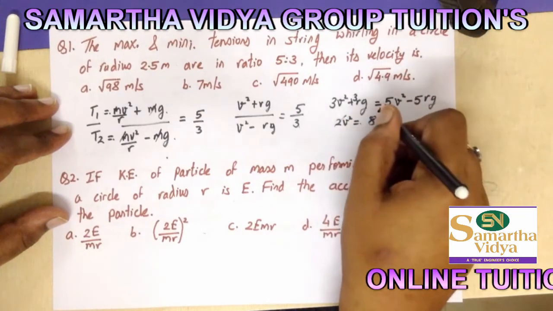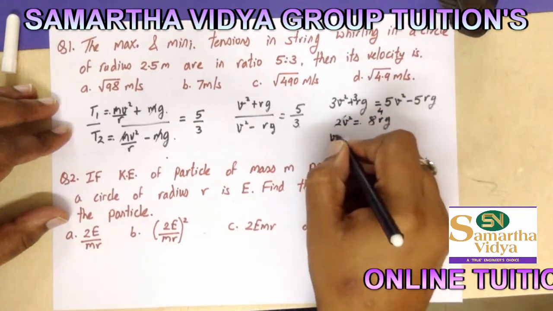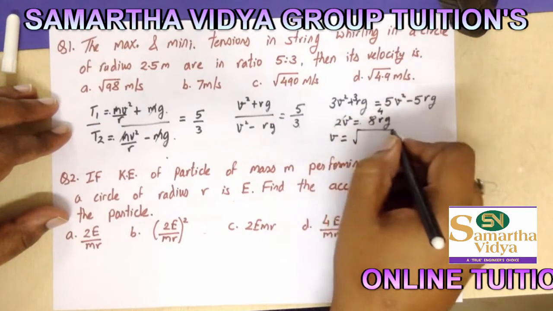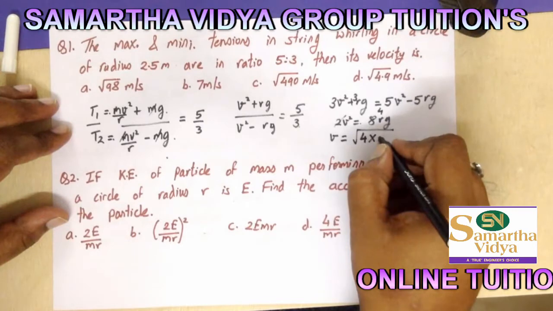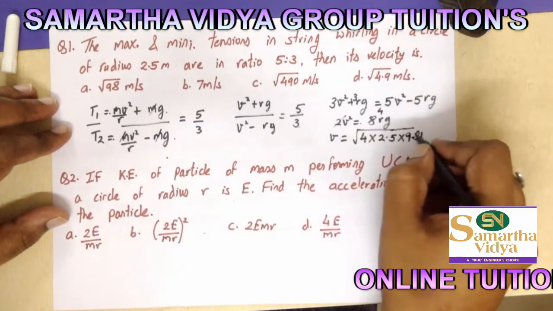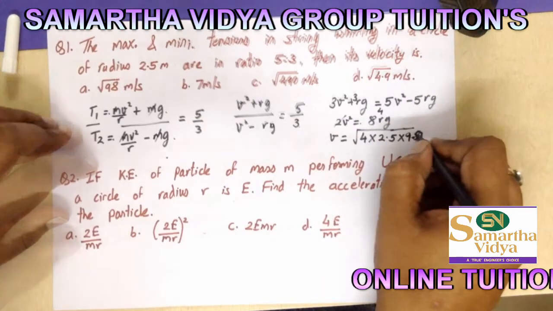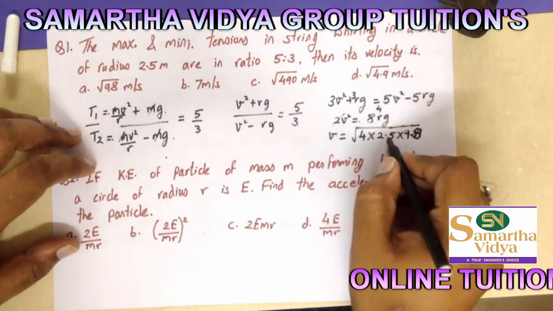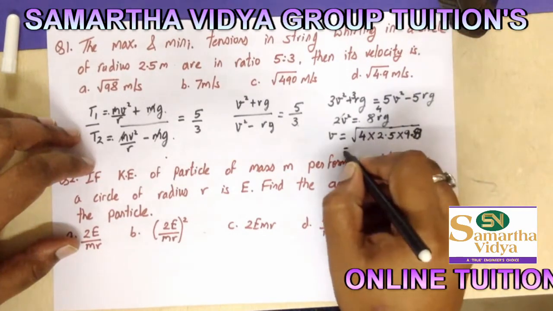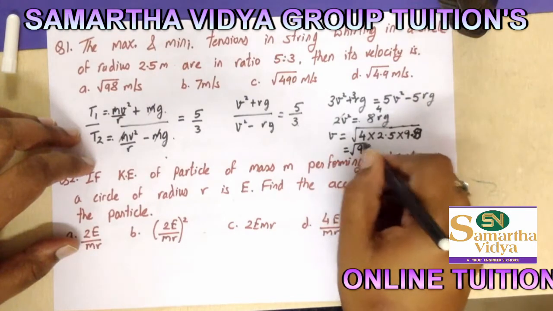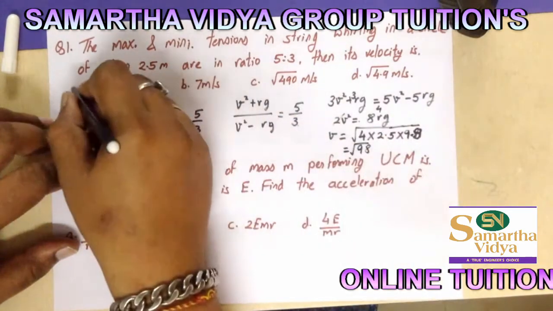The 2 gets cancelled, this becomes 4rg. So v is nothing but the root of 4 into r, where r is given as 2.5, into g, which is 9.8. On calculation, 4 into 2.5 is 10, and 10 into 9.8 gives you 98. So it's root of 98, which is option A.